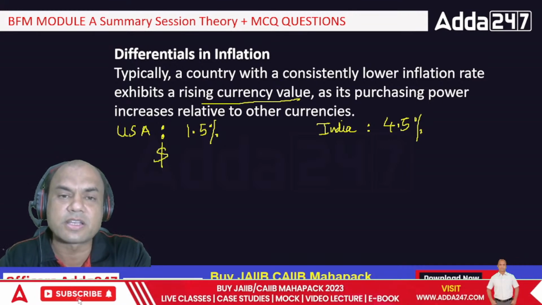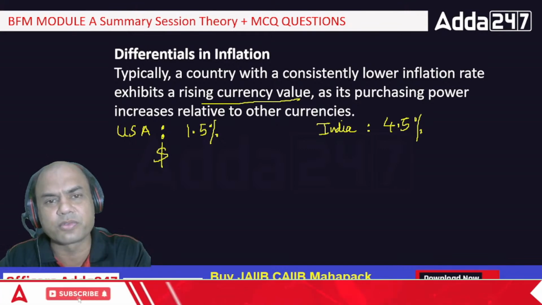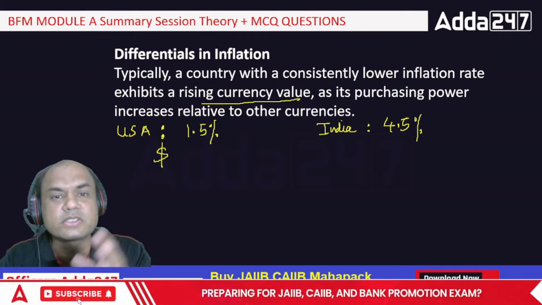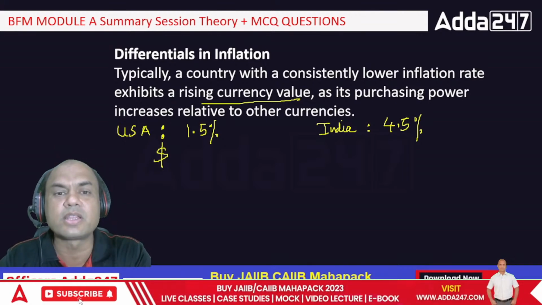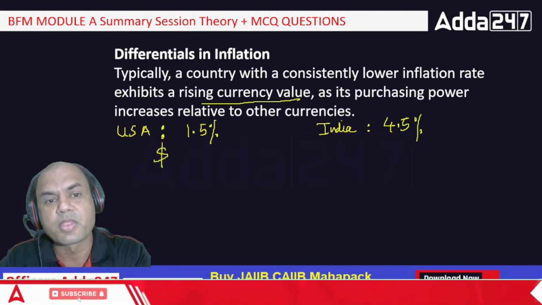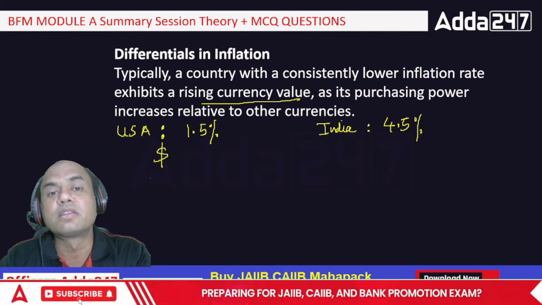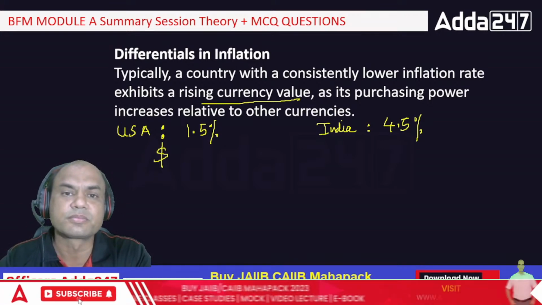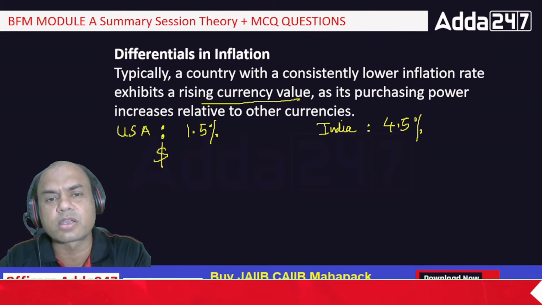If your inflation rate goes more than 15%, imagine, your country is going down. Check out Zimbabwe, Venezuela, these countries are gone because the inflation rates are in thousands. So difference in inflation will always cause a difference. The country with lower inflation will always have a stronger currency.